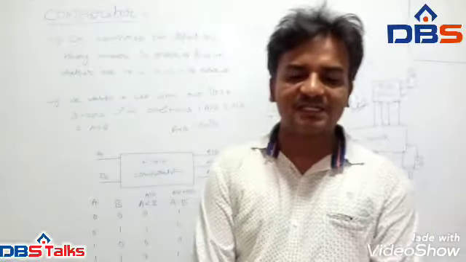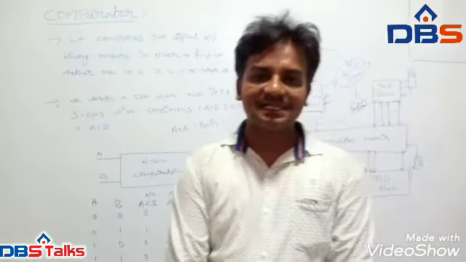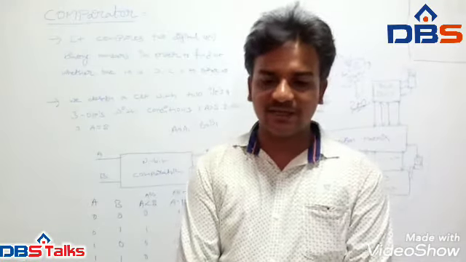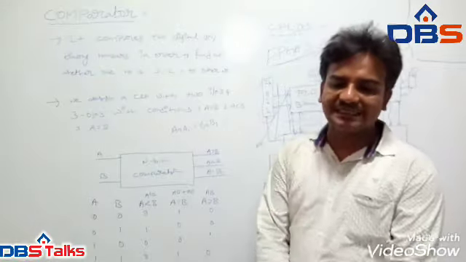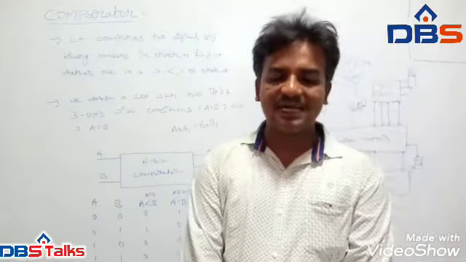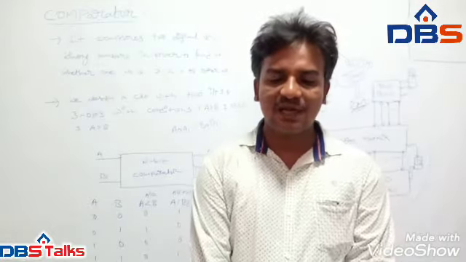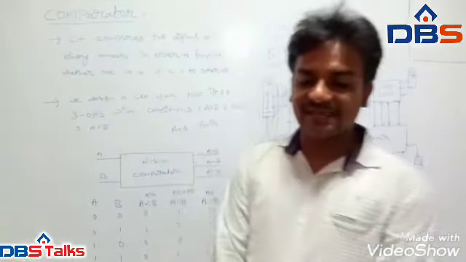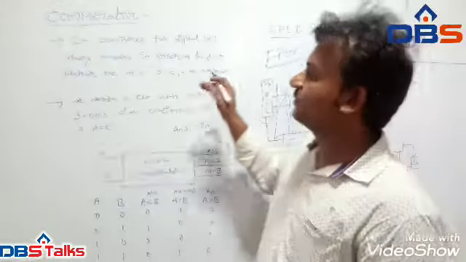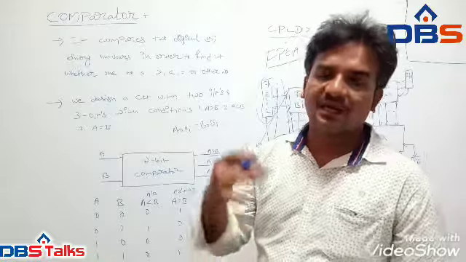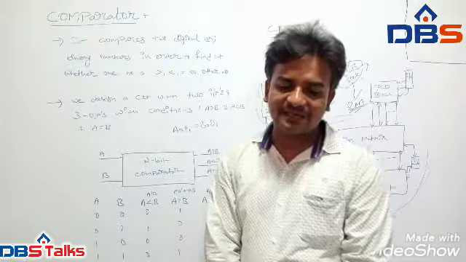FPGAs are more expensive, while CPLDs are cheaper, and the delays are much more predictable in CPLDs than in FPGAs. In terms of architecture, FPGAs are considered fine-grain devices, and CPLDs are considered coarse-grain devices.